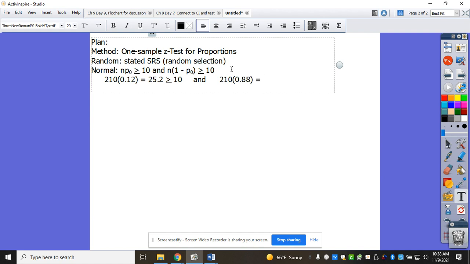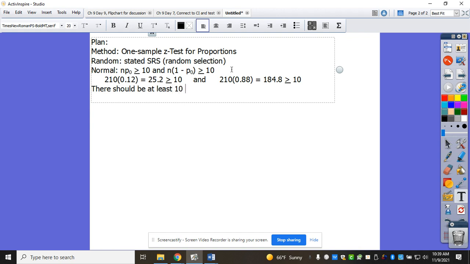Which gives us, still greater than or equal to 10. And then we would write something along the lines of there are at least. And I'm going to write this one the way it technically should be written, but not necessarily the way I'm going to grade it.